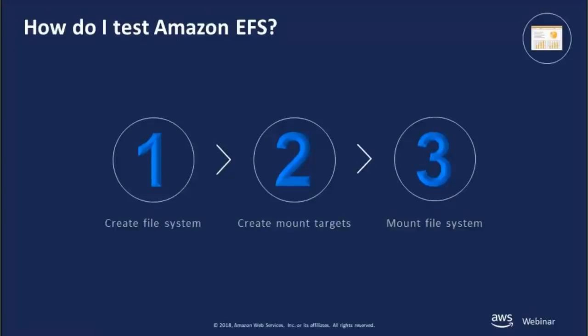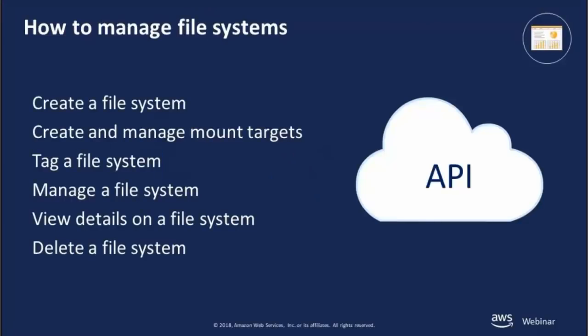Again, these show up as ENIs within your VPC, and that is the endpoint that your clients use to connect to that file system. And then on the client itself, you do your standard mount command to mount that file system, and now you have multiple clients accessing this NFS compliant file system within just a matter of minutes.